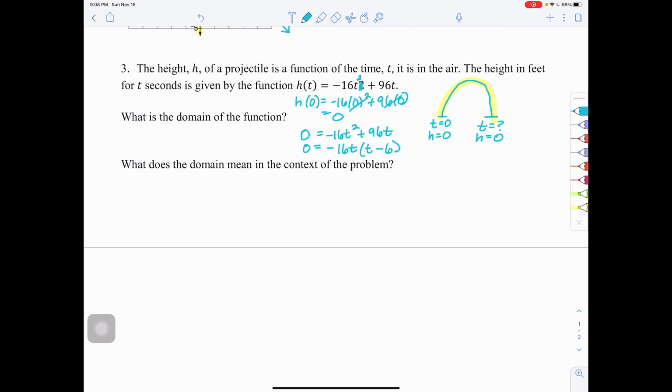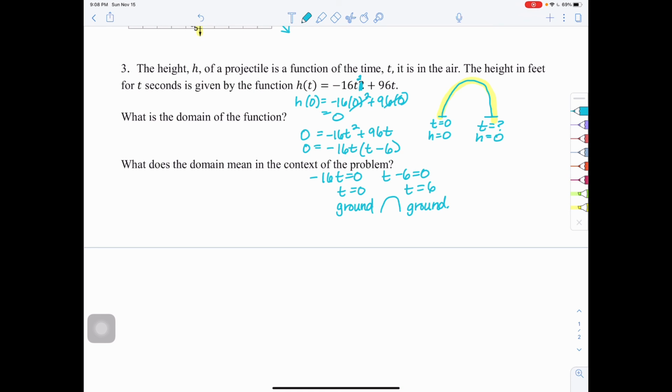Then solving that, either negative 16t is equal to 0 or t minus 6 is equal to 0. So t is 0 or t is 6. So here we go. We're on the ground at t equal to 0. And then we are back on the ground. It goes up in the air and back down, and we're back on the ground at t equal to 6.